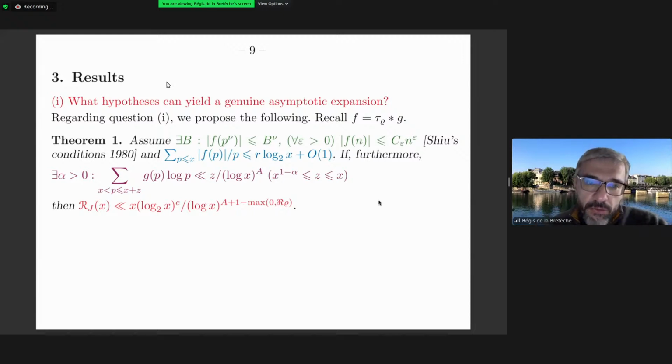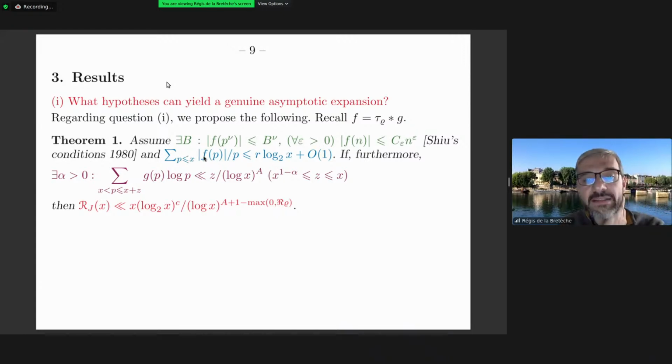First, we assume a classical bound for f of p power nu. It's bounded by capital B power nu. B is a parameter. And we assume also that for any epsilon, f of n should be less than a constant times a power of n power epsilon, like for example in a Shiu theorem.